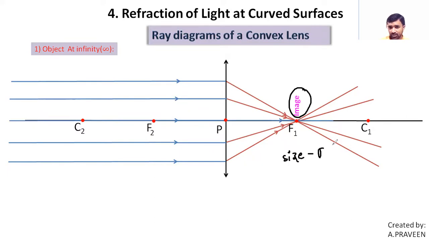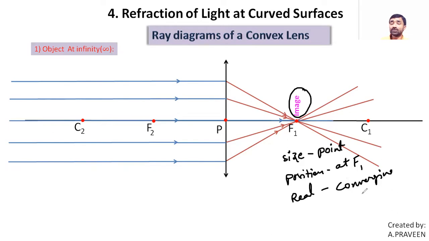It is point size. Then position. Position is at F1. Is it a real image or virtual image? It is a real image because it is given by converging of light rays. Real image is given by converging of light rays.